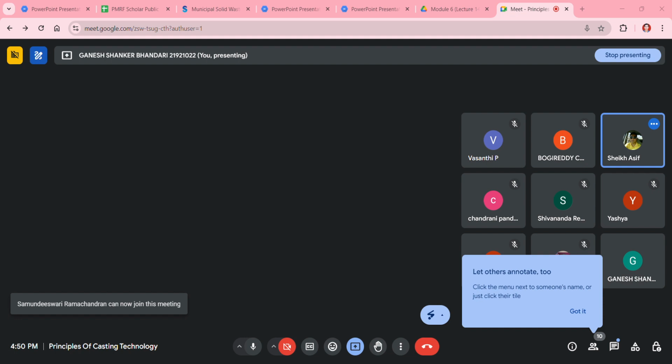Then coming to the second one, in the waste collection systems, the hauled container system includes... We are talking about haul time.